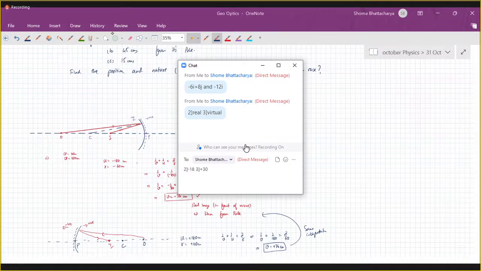Whether that behind and in front is positive or negative is up to our sign convention.